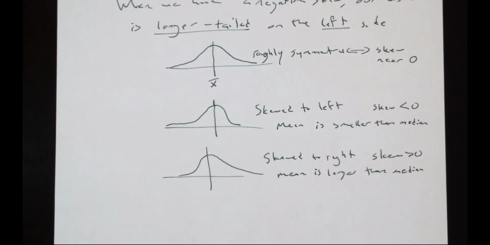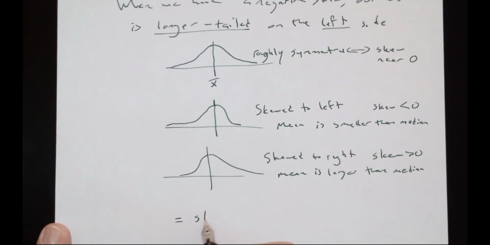Because if I want skew, I'm going to ask Excel to do it. Just like I asked for the maximum or the minimum or the standard deviation, I'm just going to say, go ahead, give me the skew. Questions?